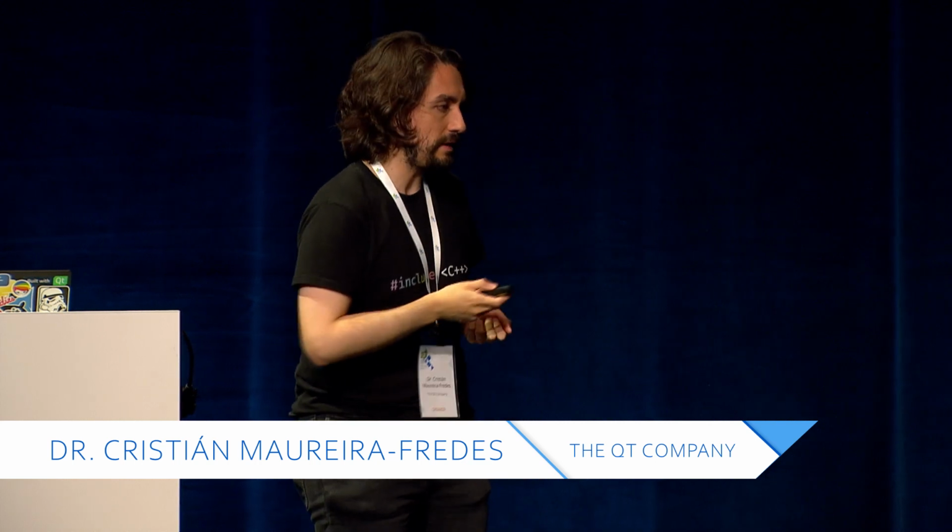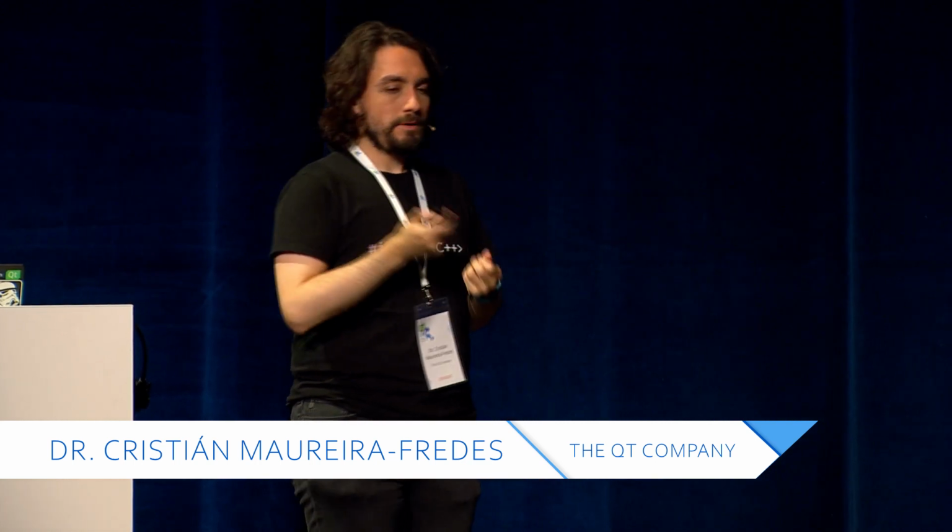Imagine you have a Python list and you want to call some API in Qt that takes a QVector. What do you need to do? You need to grab the Python objects, interpret them, populate a QVector, call the Qt API, copy things back if it returns something, and then create another Python list. A lot of work to do. But this is kind of how bindings work in that regard.